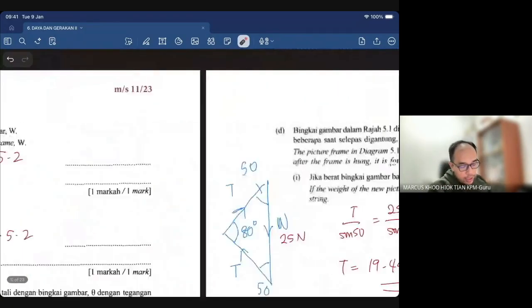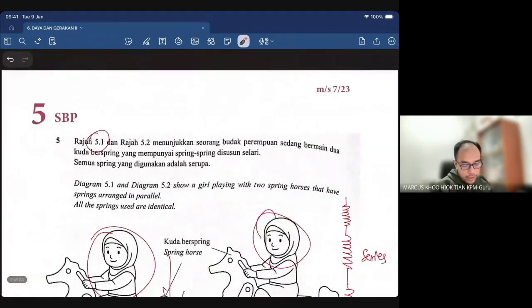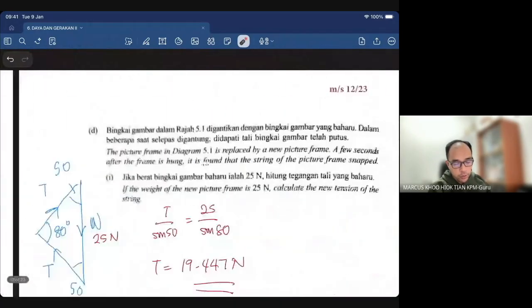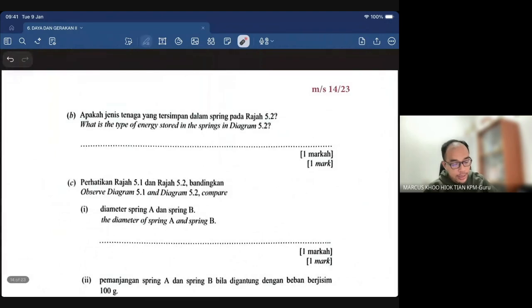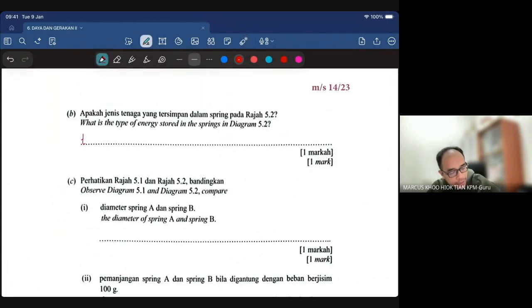Elasticity, I think we covered this two questions ago, if I'm not mistaken. Elasticity is yada yada yada yada, so I'm not going to write it here. Next. What is the type of energy stored in the springs? All springs store elastic potential energy.